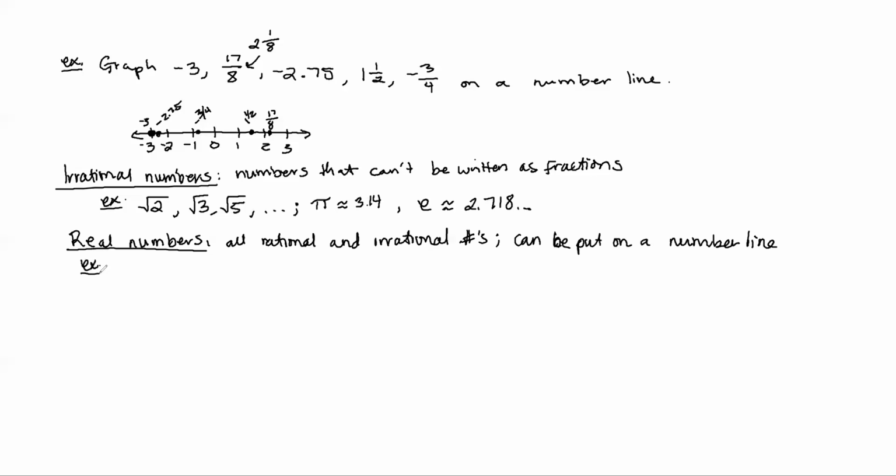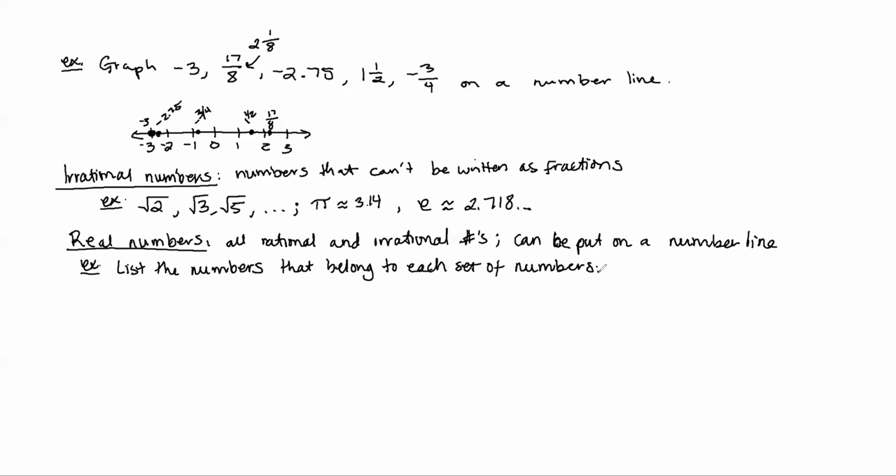All right, so this example, we're going to be working with a bunch of real numbers here. We want to list the numbers that belong to each group, or that belong to each set of numbers. And so we're given a set of numbers here.